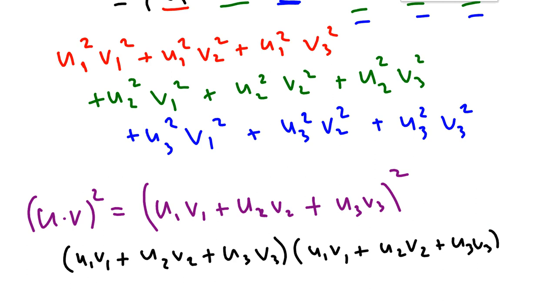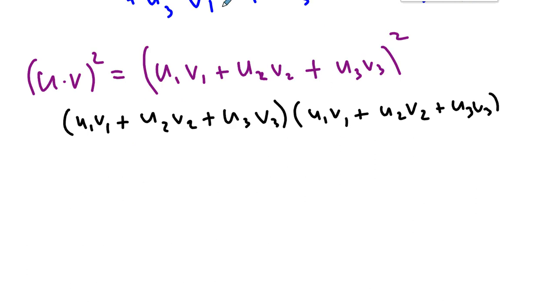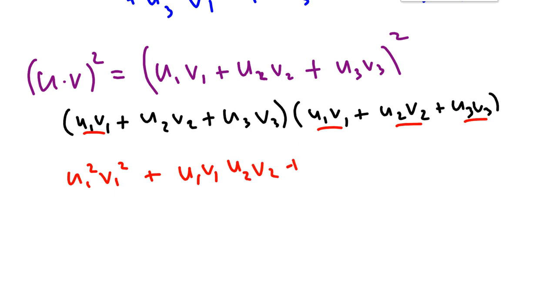And we're just going to work on this. So we could do this a number of ways. I think one thing we can do is take this and distribute it across these three terms. We would get u1 squared v1 squared plus u1 v1 u2 v2 plus u1 v1 u3 v3.